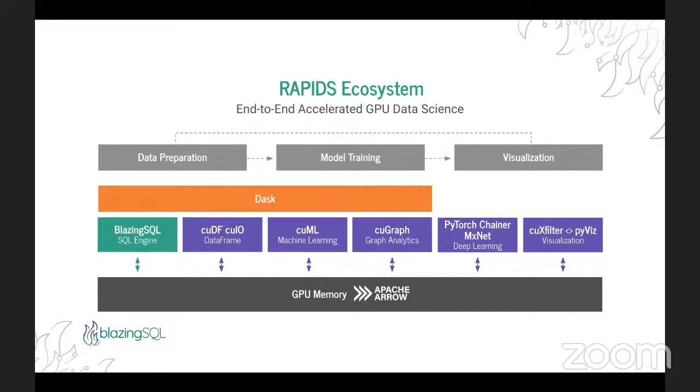What facilitates all of this seamless interaction between these components is the Apache Arrow project. Everything in GPU memory is an Apache Arrow object, and BlazingSQL, cuDF or cuML can directly read those objects and work on them without needing to convert and transform the data between different representations in memory.